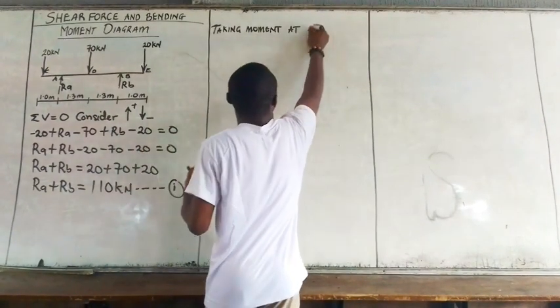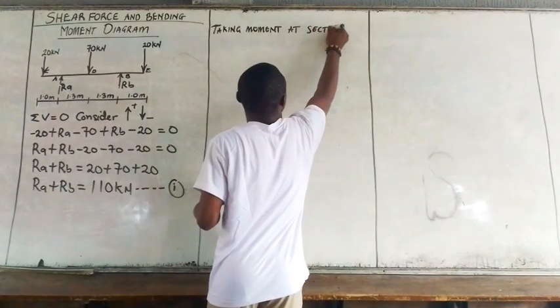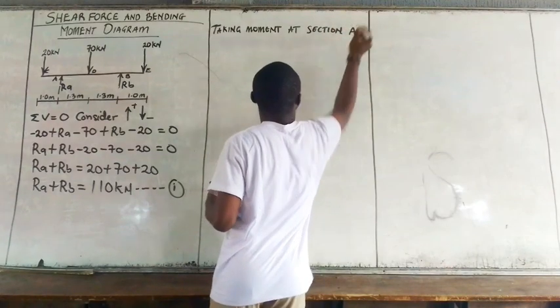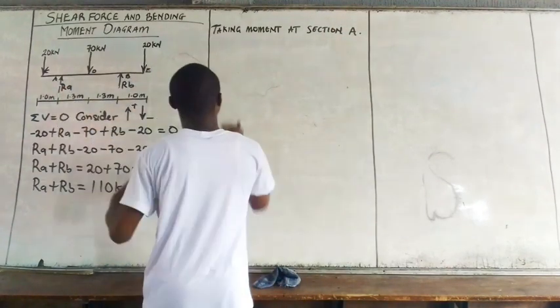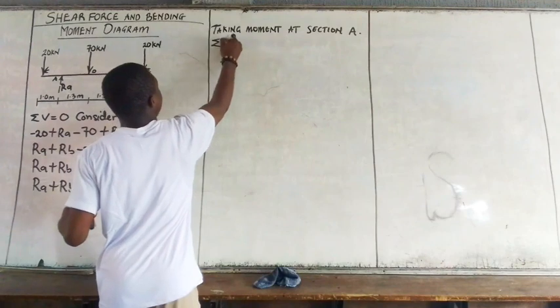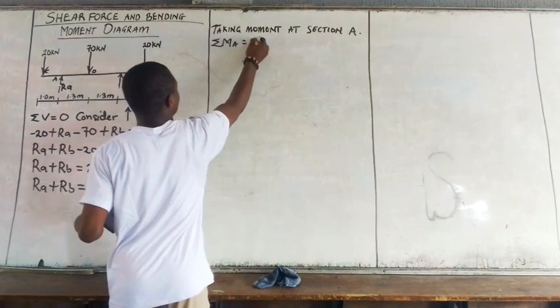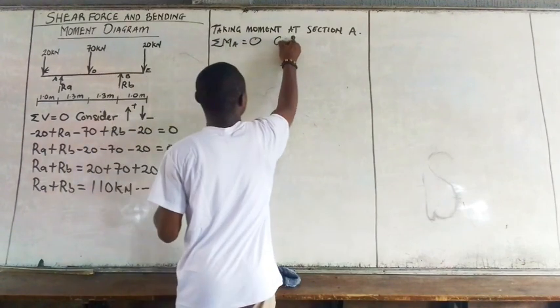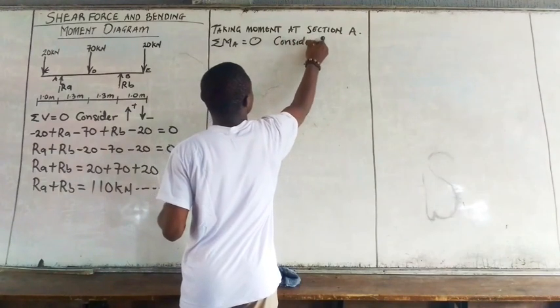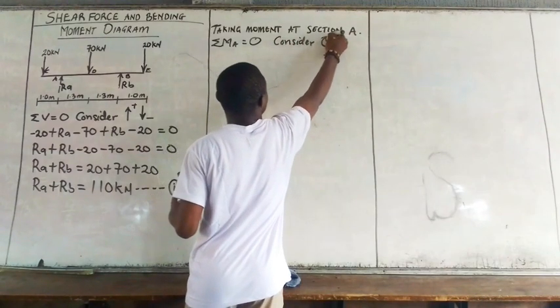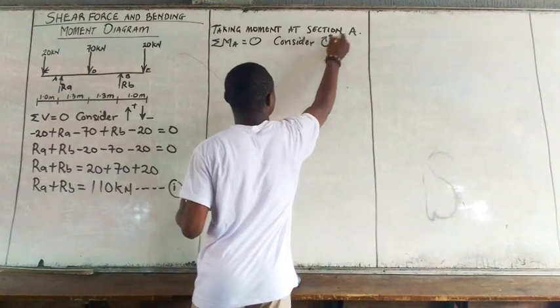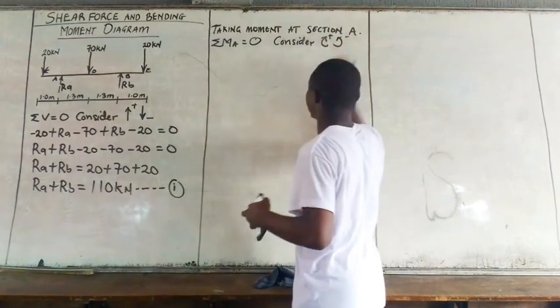Take moment at section A, which is this. We said the summation of moments MA is equal to zero. Consider clockwise as positive and anticlockwise as negative.